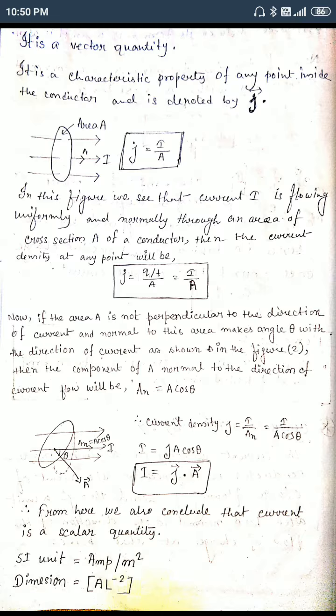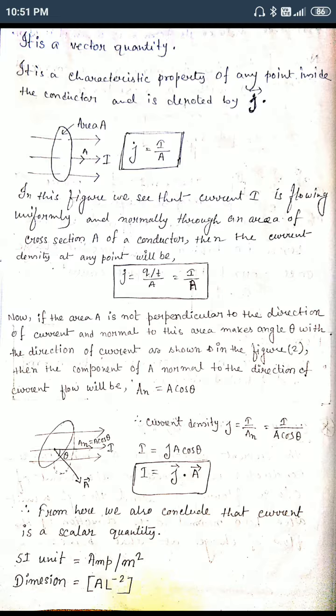Current density is a vector quantity and a characteristic of a particular point, because at a particular point inside the conductor we measure the current density. That's why it is a property of that point inside the conductor, and it is denoted by small j. So mathematically we can write j equals I by A.